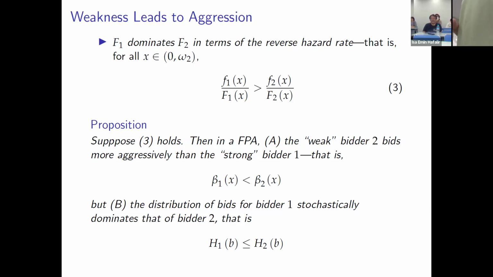The reason that bidder 2, the weak bidder, is more aggressive than bidder 1 in the sense of bidding higher is because bidder 2 is facing a more aggressive bid distribution than bidder 1, right? That's why bidder 1's bid distribution should be dominating bidder 2's bid distribution, whereas bidder 2's bid function should be above bidder 1's bid function. Is this clear? All right.